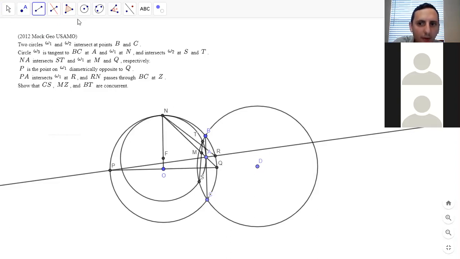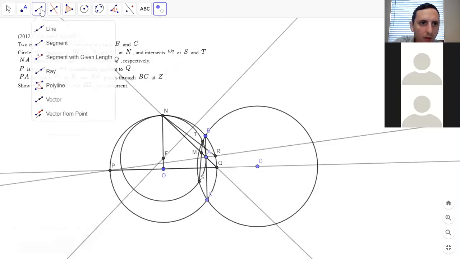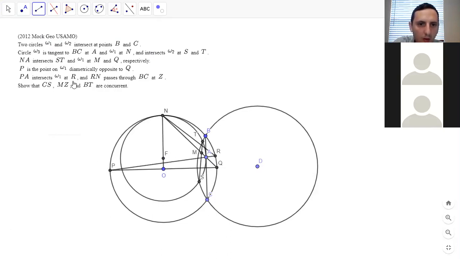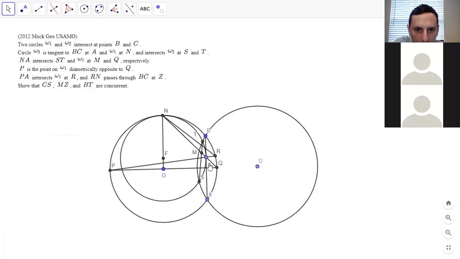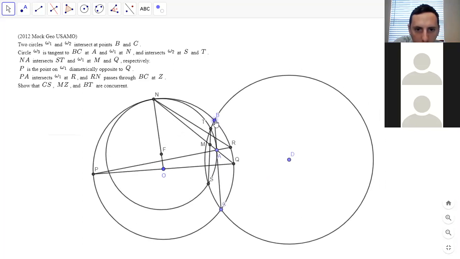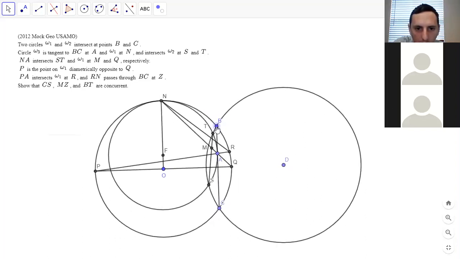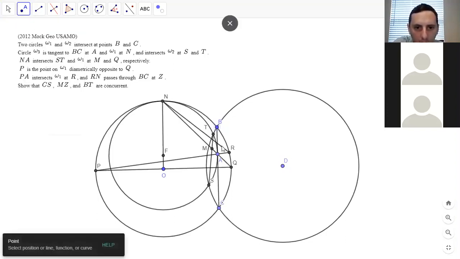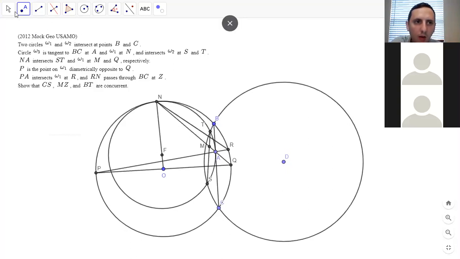This is a tricky diagram. Let's see. I think that you should move point D far over the line BC.